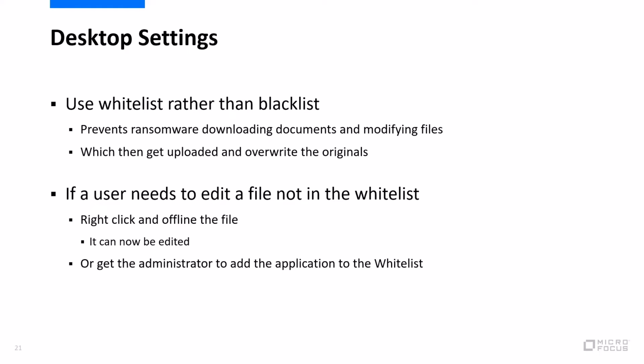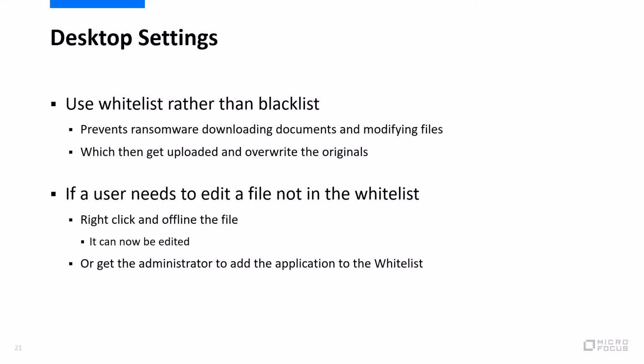On the desktop settings, I tend to use a whitelist rather than a blacklist. By default, it ships with a blacklist, but there's some issues I found with that, in that if you have an application that's doing a scan through the directory, maybe antivirus or indexing, and we don't have that on the blacklist, then that's going to go through and pull down files off the server to the desktop.